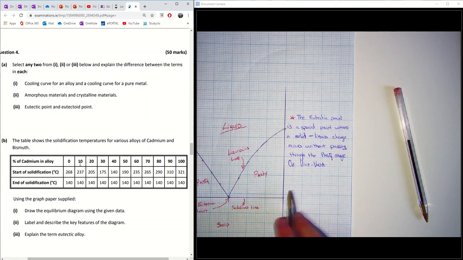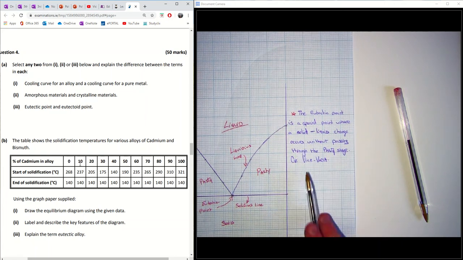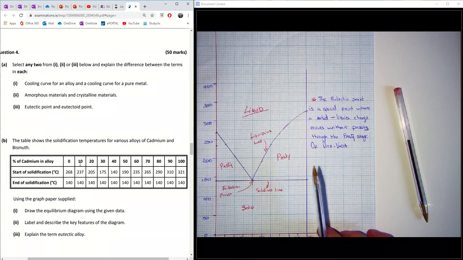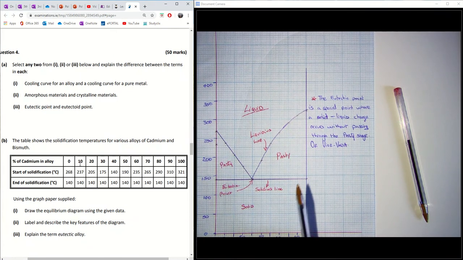It can change from a liquid to a solid, also without passing through the pasty stage. Now, by describing all the key features, this is exactly what you have to do.